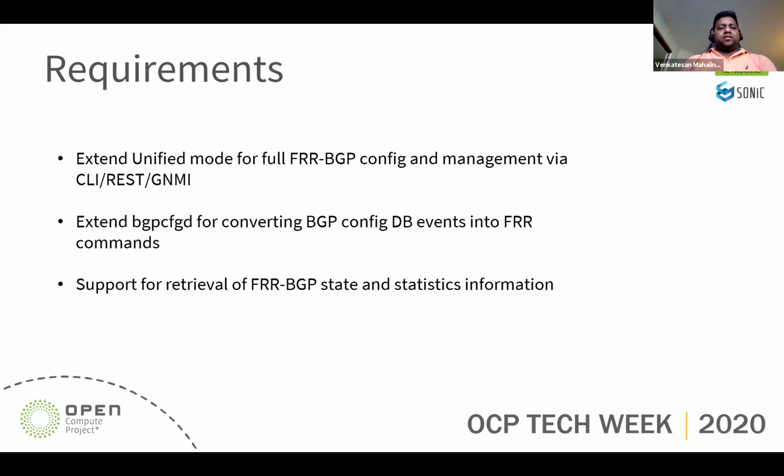So we decided to enhance the existing infra by defining various config schemas that were actually missing in SONiC today for various protocol configurations, for example BGP, OSPF, static routes, etc. The enhancement done in bgpcfgd, which is part of the BGP container, is to handle the new config_db events, convert those events into appropriate FRR commands, and cache those events to avoid pushing duplicate configs to FRR.